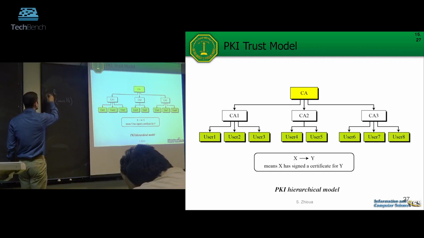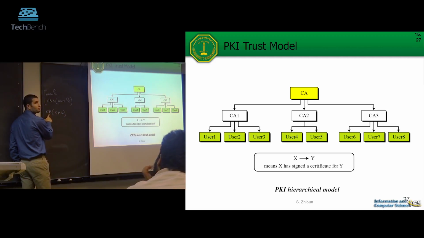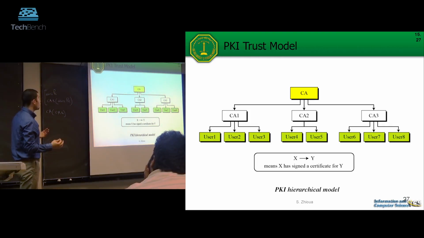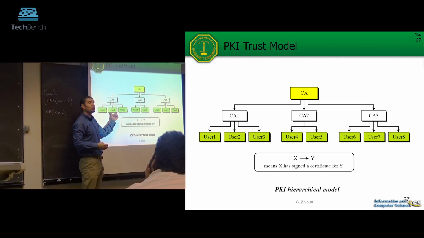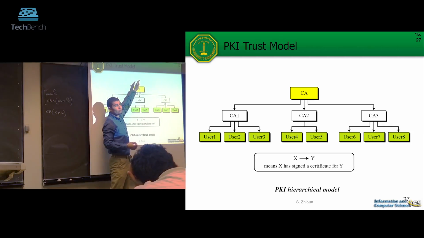So again, user 2 will also send CA and CA1, basically the certificate of the public key of CA1, certified by the root certification authority. So it's a chain. This is just 2 levels, but if you need to send your public key to someone else and you need that other party to be able to validate that public key, you need to send the chain up to the root, so that the destination can check.